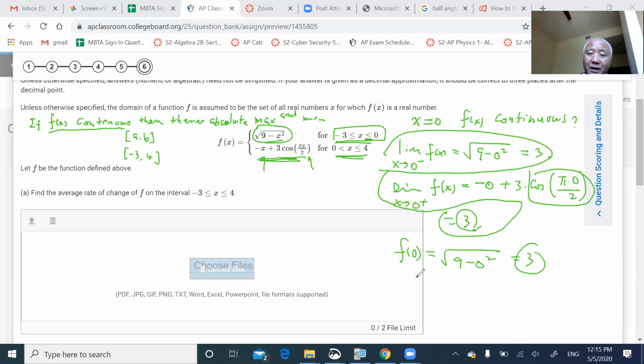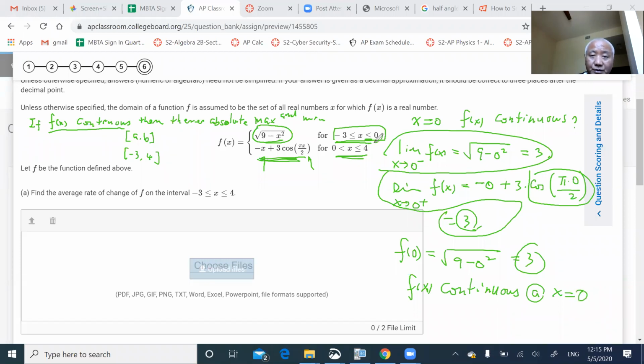So this shows that f(x) is continuous at x equals 0.